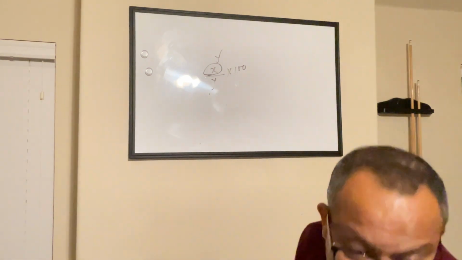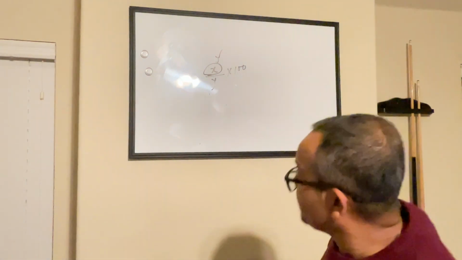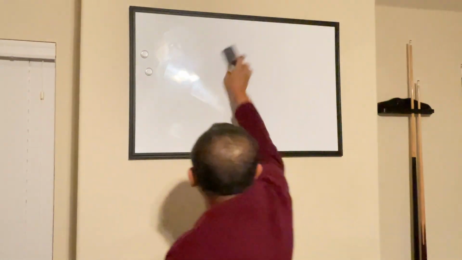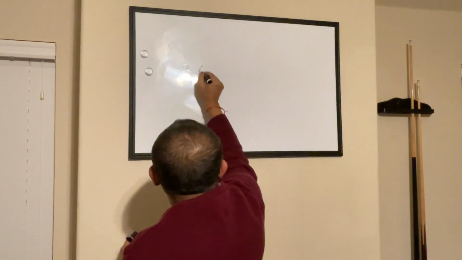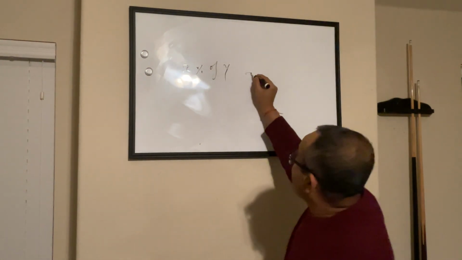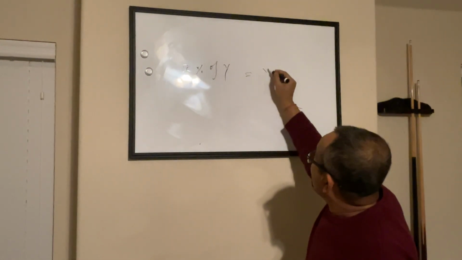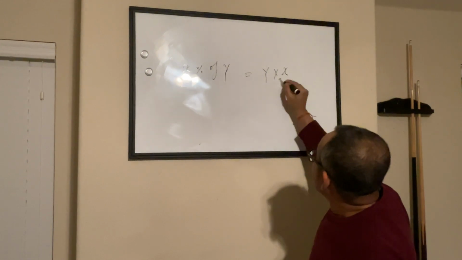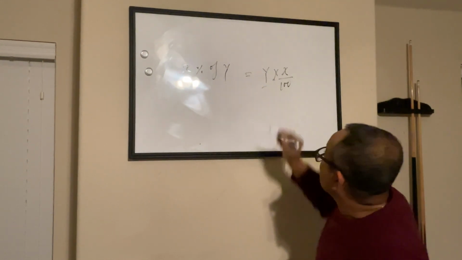So in percentage, there are only two formulas that you need to remember. One is X percentage of Y equals X percent of Y. This is the formula.